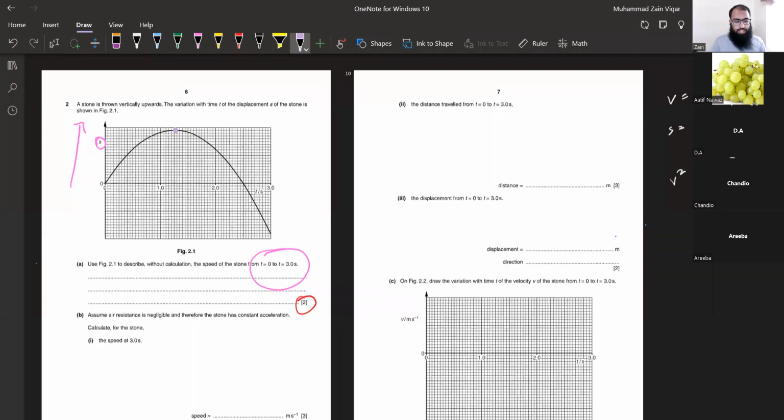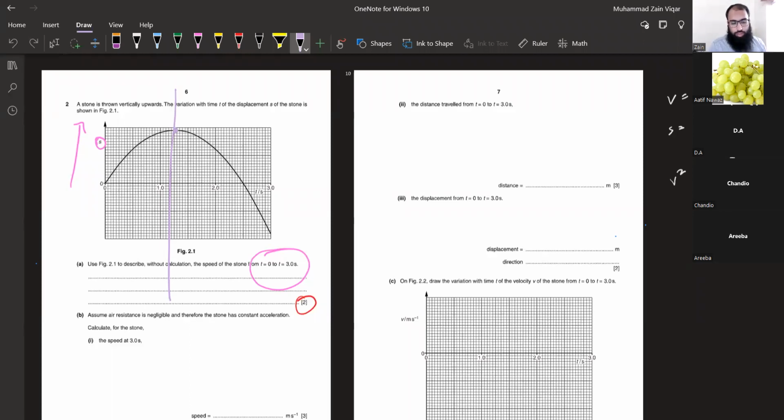Speed is decreasing on the left side because there's deceleration. The object was thrown vertically upwards. If I throw an object vertically upwards, what would happen to its velocity? It would start to decrease till eventually it becomes equal to zero.